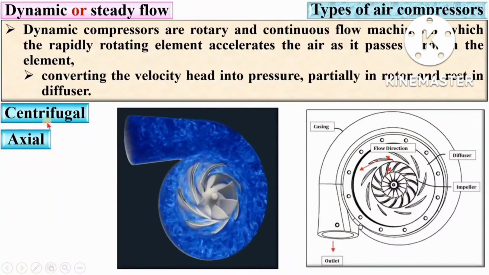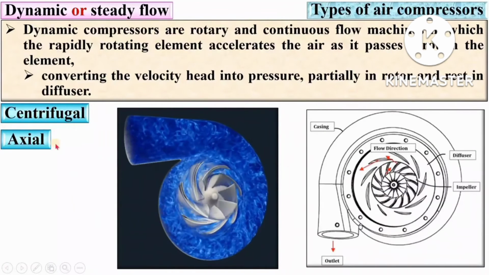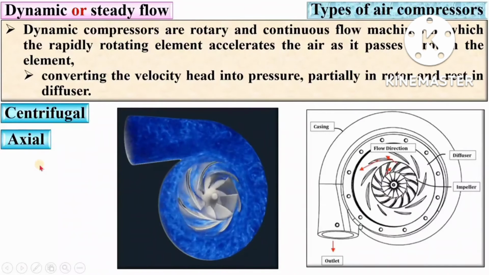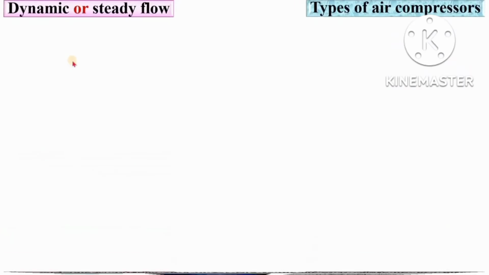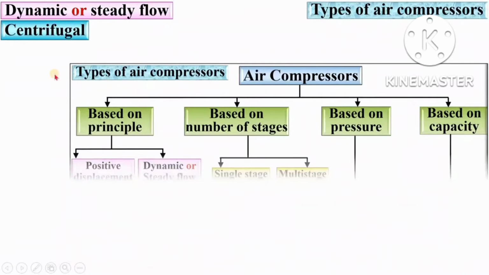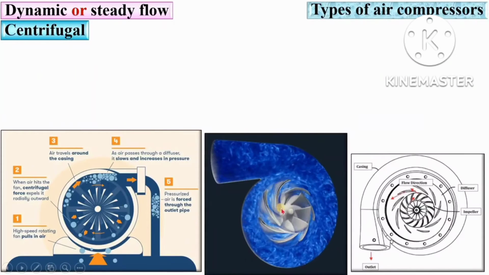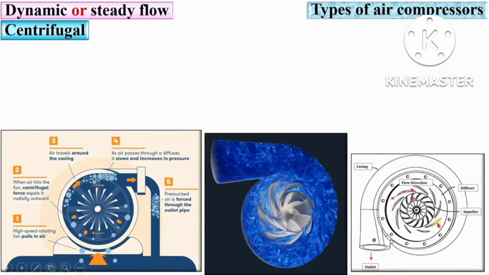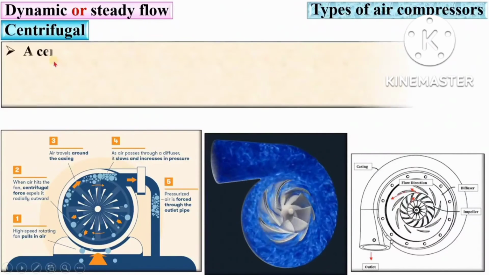Now dynamic compressors are basically two types, centrifugal compressor and axial flow compressor. So let's see the first one, centrifugal. Here you can see this is the centrifugal air compressor.